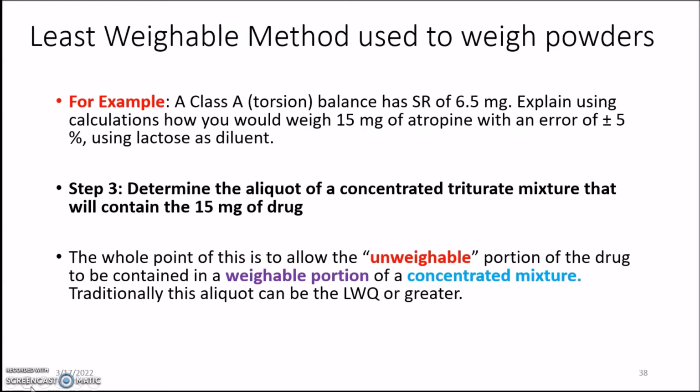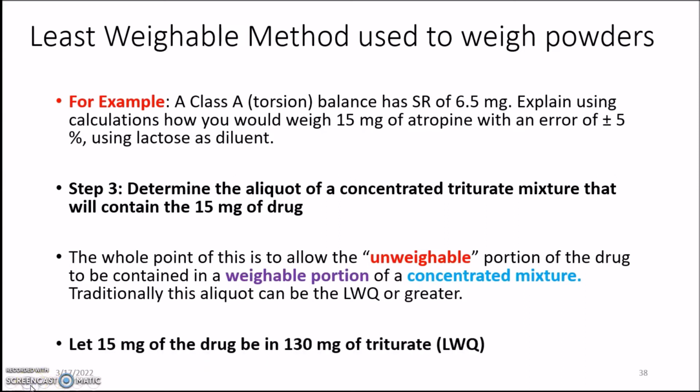Now, step 3 is to determine the aliquot of a concentrated triturate mixture that will contain the 15 milligrams of drug. The whole point of this is to allow the unweighable portion, which is the 15 milligrams of the drug, to be contained in a weighable portion of a concentrated mixture. Traditionally, this aliquot is usually the least weighable quantity, or it could be more.